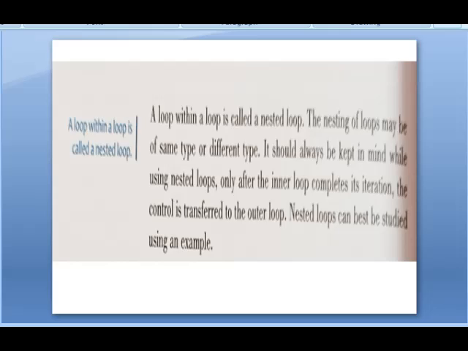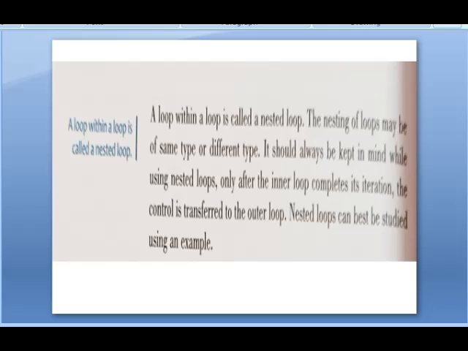If the condition is true, it will go to the inner loop and repeat the inner loop till the condition becomes false. When the condition becomes false, again it will go to the outer loop and increment or decrement the values and do the process again.